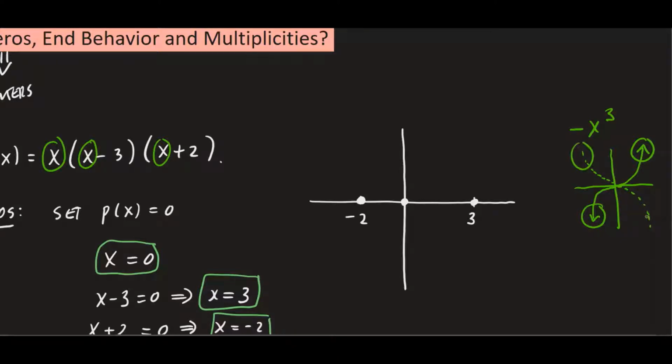So it's going to have these two end behaviors. Now, because ours is positive, we're going to look at the solid graph I just drew in green. So we're going to have plus infinity in this direction and minus infinity in this direction. So those are the end behaviors. We get that by looking at the degree of the polynomial and the coefficient of it.